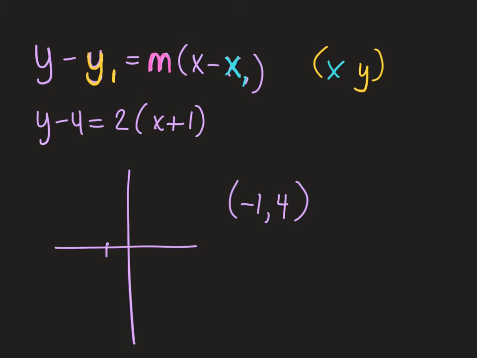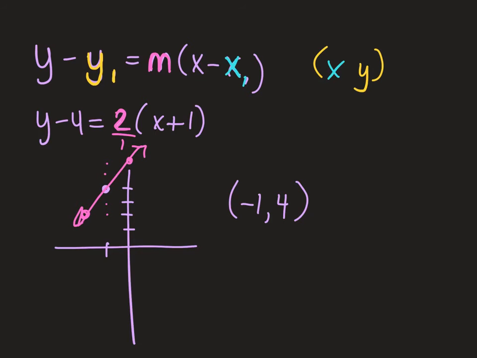So I go over to negative 1, 4, and I draw my first dot. Then I use my slope, up 1, 2, to the right 1. Oh, I guess it should kind of be over here. And I don't have any more space, so I'm going to go down 2 and left 1.